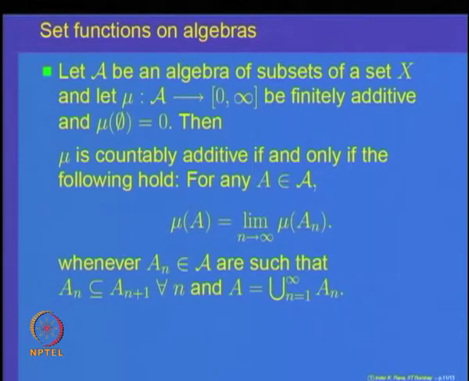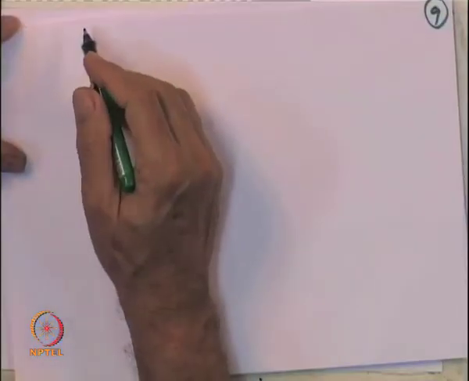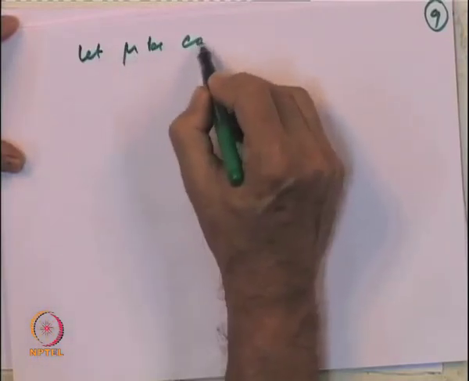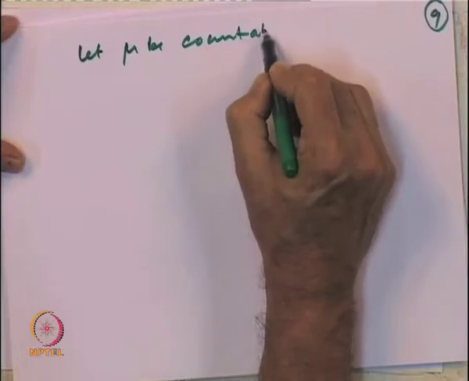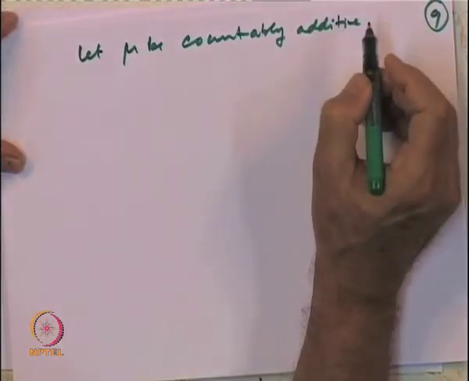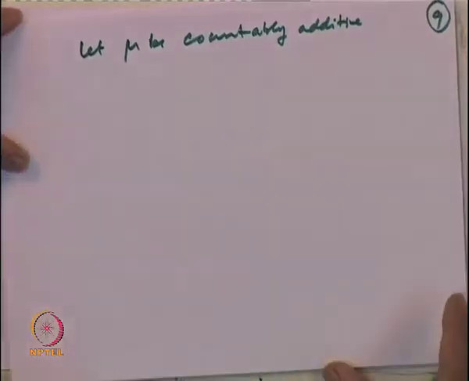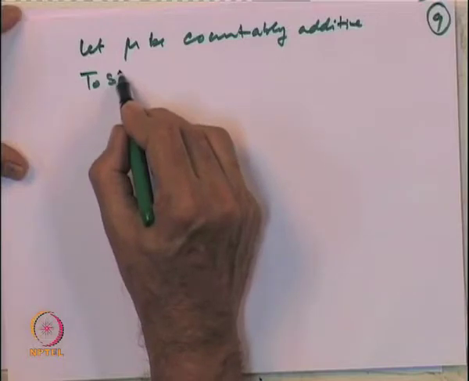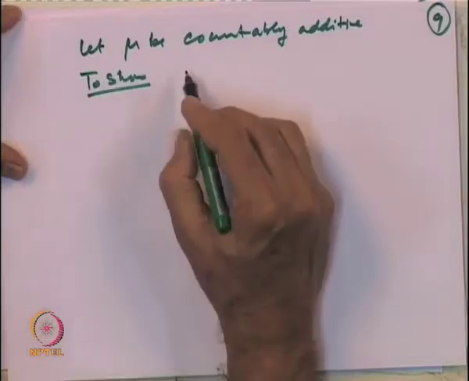So, to prove this, what do we have to show? First let us prove: let mu be countably additive. We have to show the following.